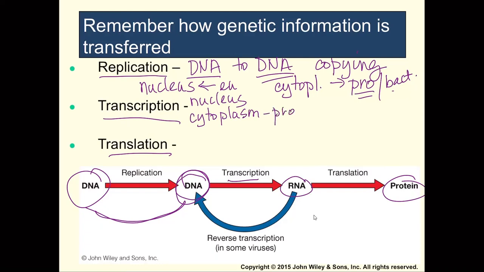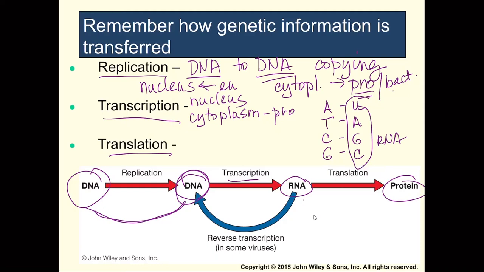Remember, DNA has A's, T's, C's, and G's, whereas RNA has U instead of T. RNA also has a different sugar. RNA is single-stranded. So RNA is different than DNA.